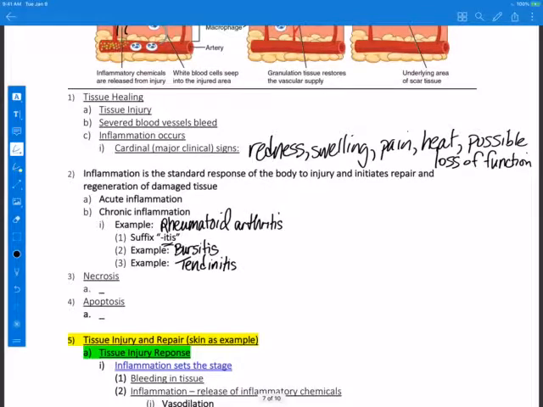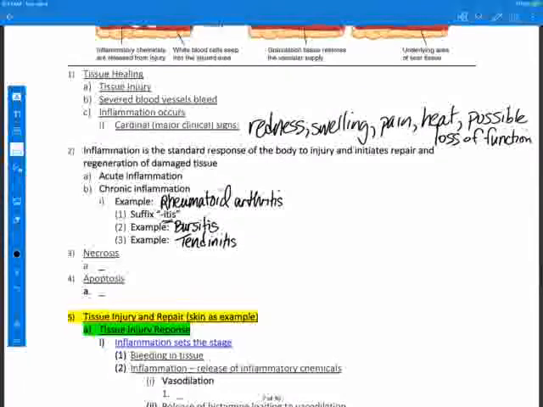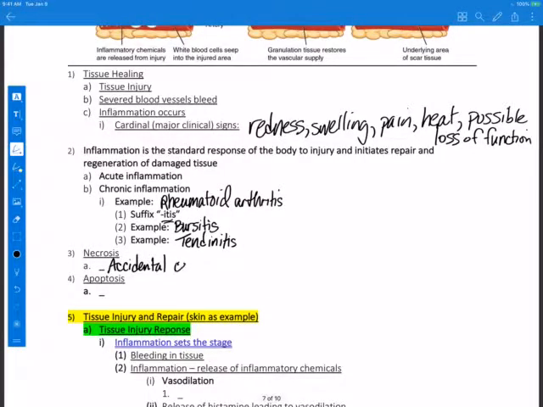Another thing that can lead to inflammation is necrosis, and necrosis is accidental cell death, and this can result from an injury. This leads to inflammation. Now, on the other hand, there's something called apoptosis that you probably learned about in cell biology.